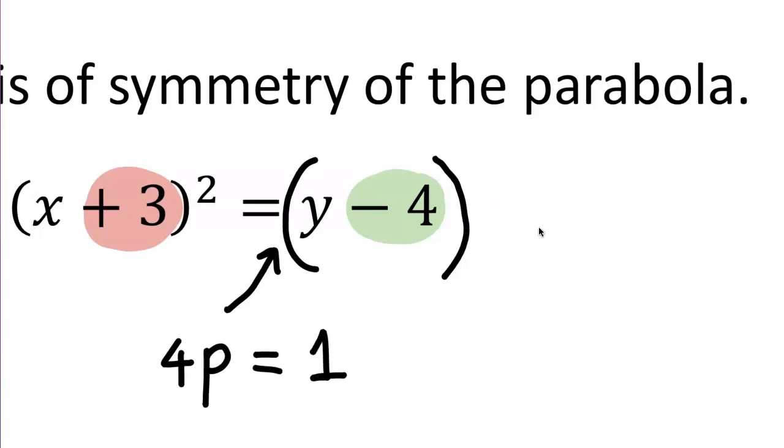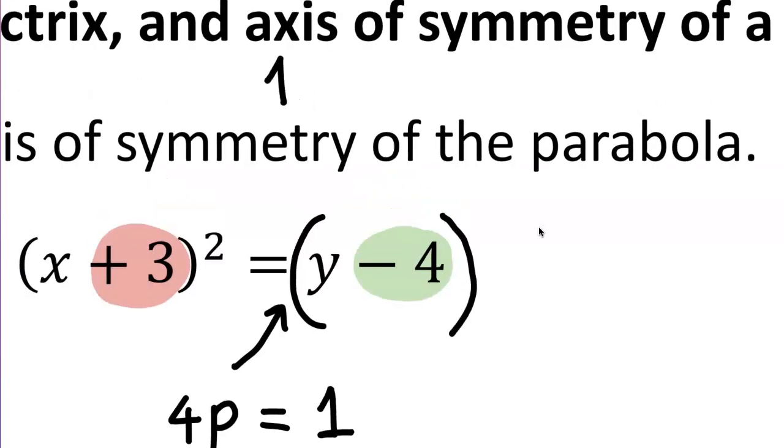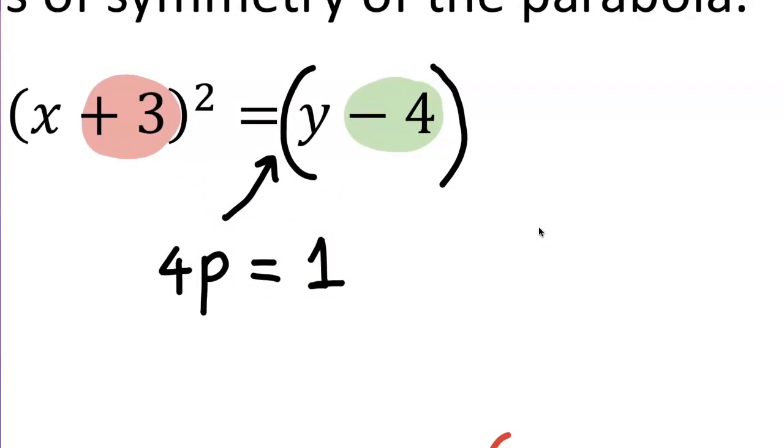So when you don't see anything in front of y minus 4, just think that it's the same as 1 times (y − 4), and set that 4p equal to 1. Now, when you solve this for p, all you have to do is divide both sides by 4, and you get p equals 1/4.